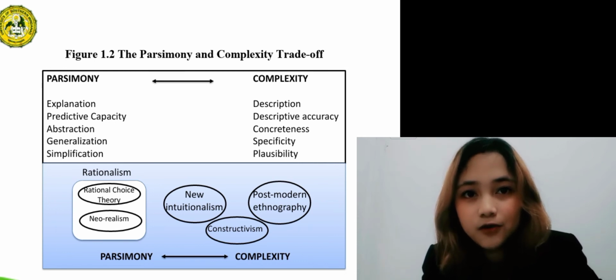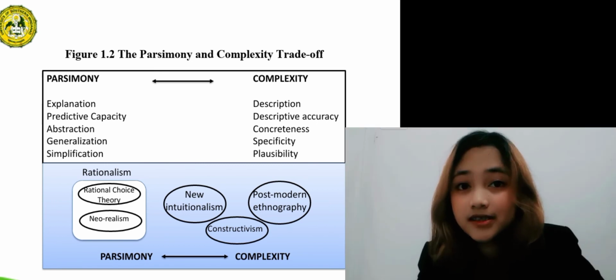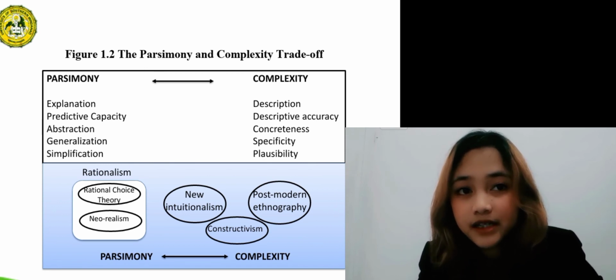It was also noted here that rational choice theory and neo-realism have a connection with the new institutionalism in the political science spectrum. It was also suggested here that parsimony in deductive approaches to political analysis is achieved at some price in terms of the realism of theoretical assumptions.